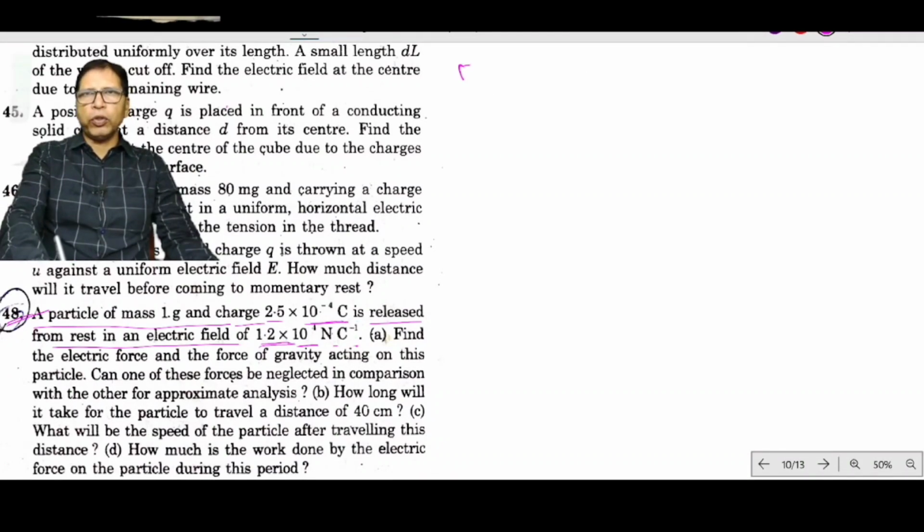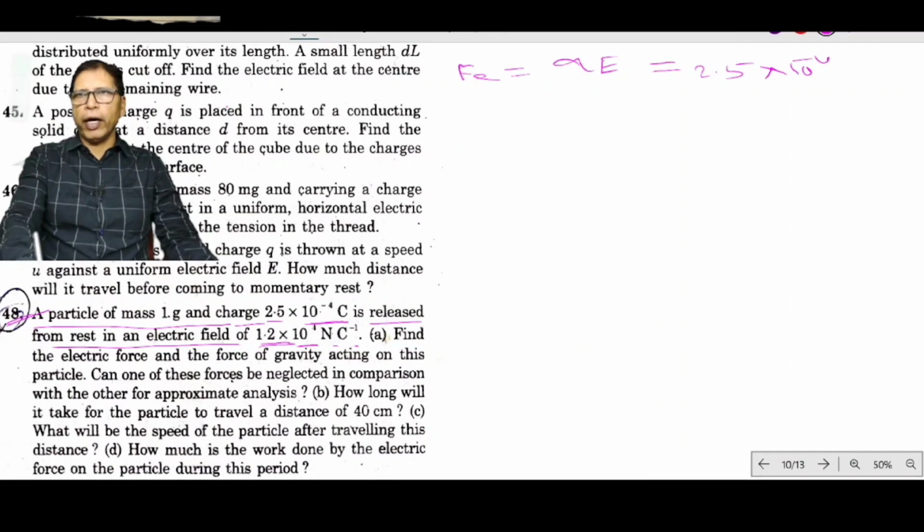The electric force Fe equals q × E. Now what is q? q is 2.5 × 10^-4. What is E? E is 1.2 × 10^4. So this is in Newton.